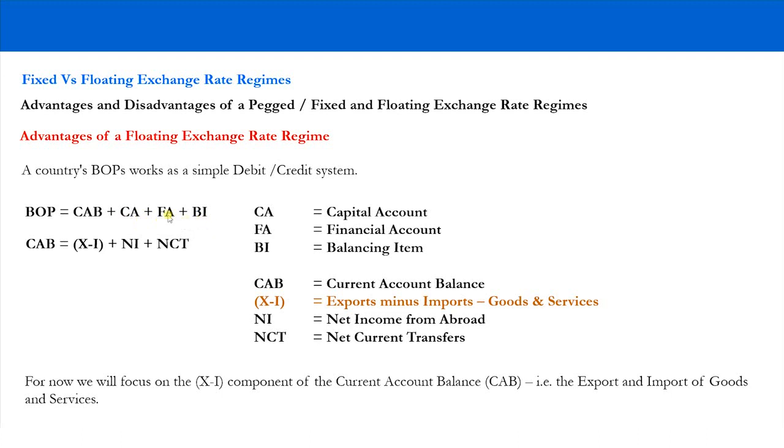Now let's not worry too much about the capital account, the financial account, and the balancing item. Let's focus for the moment on the current account balance and the specific component of the current account balance, which is the exports minus imports, X minus I component. So net exports or imports.